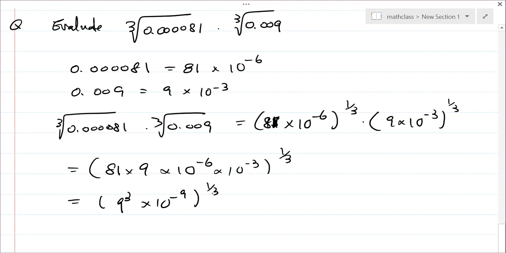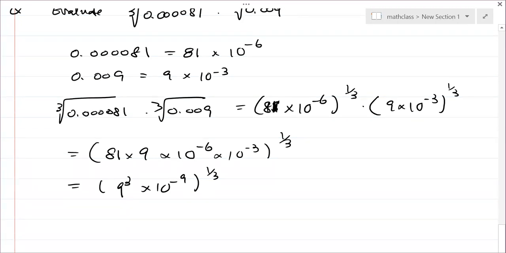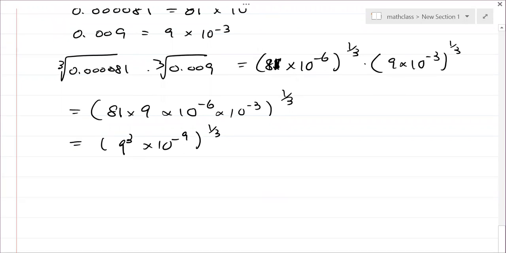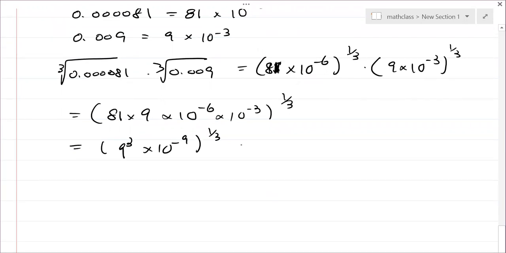Now, what is the next formula we're going to use? We're going to use this formula again, to separate them.